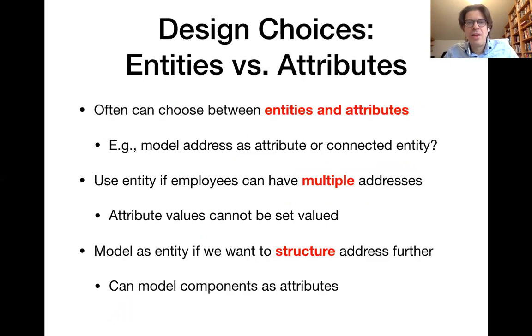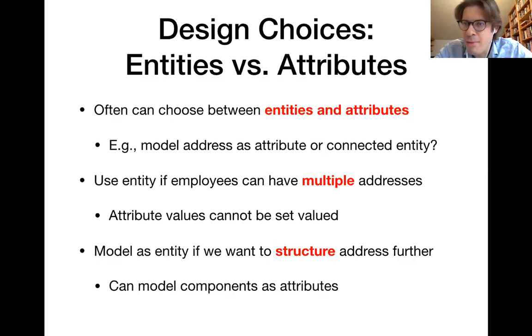All right. So in general, you have a couple of design choices. Here we have already discussed aggregation versus ternary relationships. And one thing that you can often choose is whether you model certain things either by introducing new entities or by adding attributes to an existing entity.